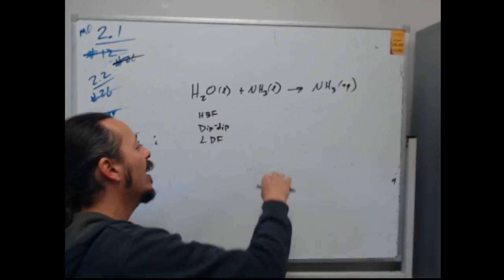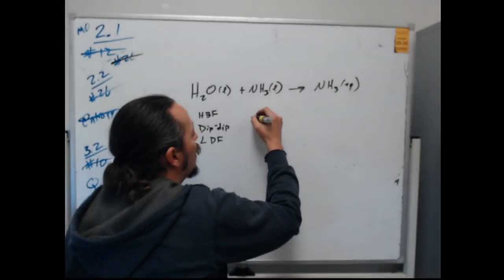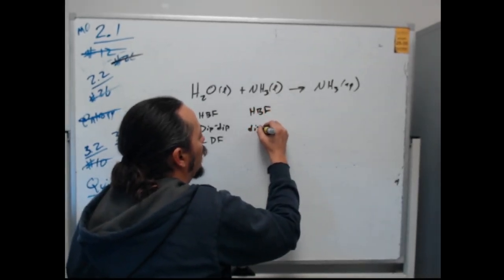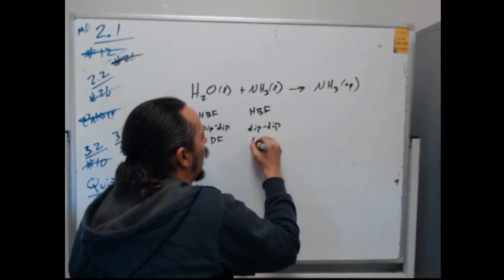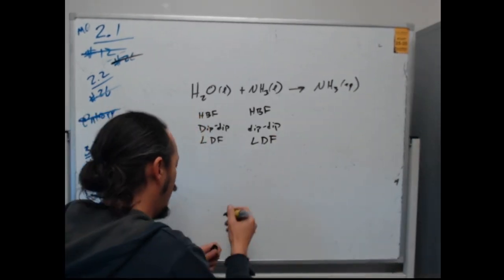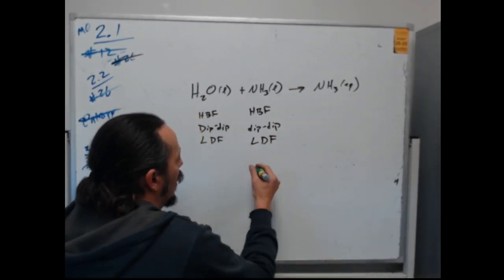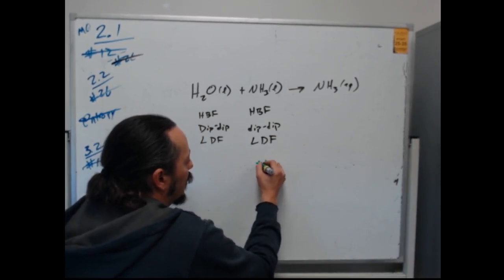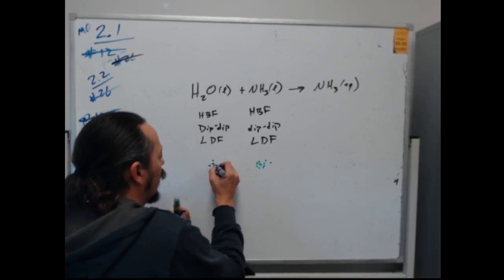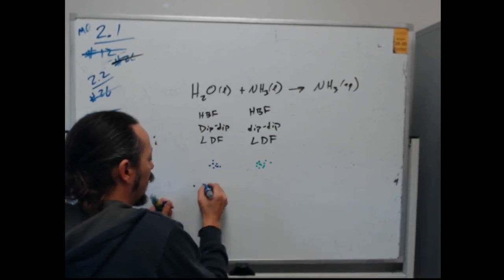Then on this side, my ammonia has hydrogen bonding force, dipole-dipole interactions, and London dispersion force. So I'm going to make space. I'm going to take my ammonia molecules, which are all close to each other, and my water molecules, which are all close to each other, and spread them out.